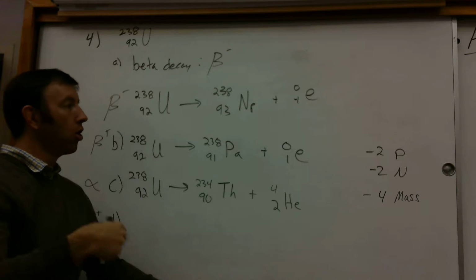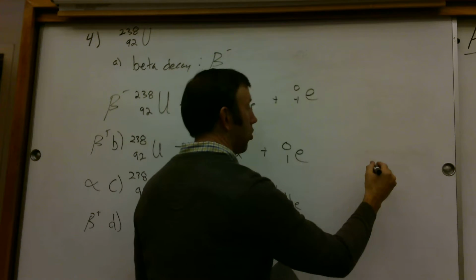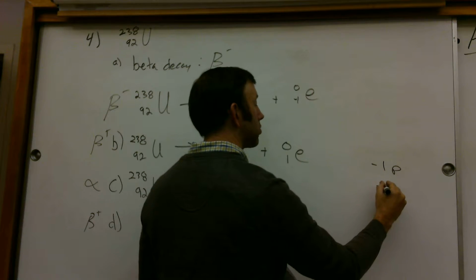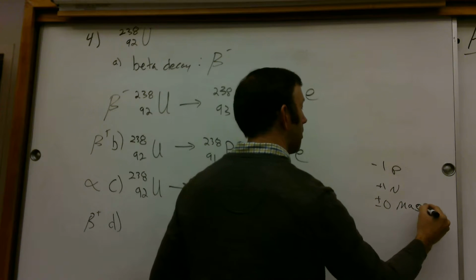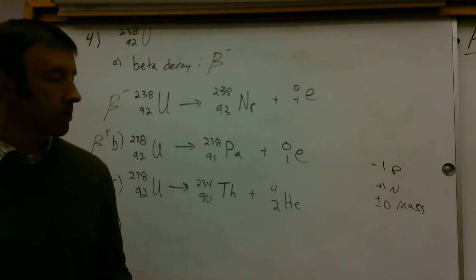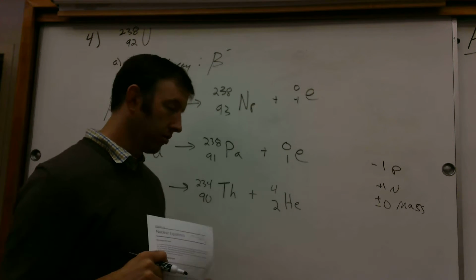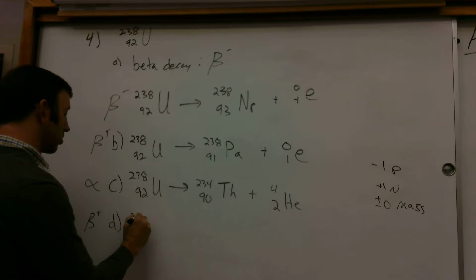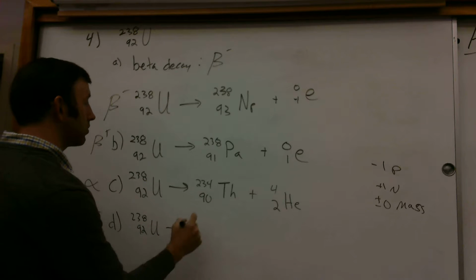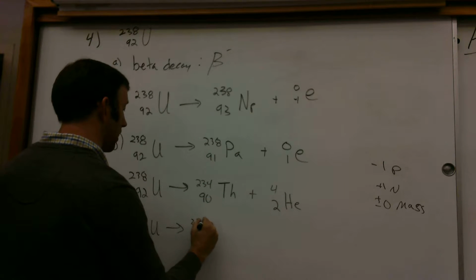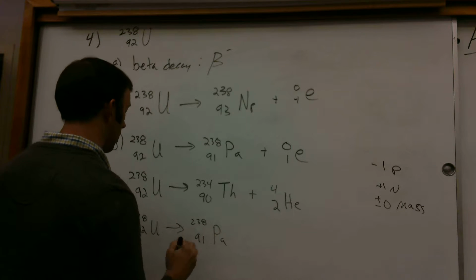With electron capture, I'm going to go -1 proton, +1 neutron, plus or minus 0 in our mass. Our mass is not going to change unless we undergo an alpha decay. So 238, 92, U becomes 238, 91, Pa.